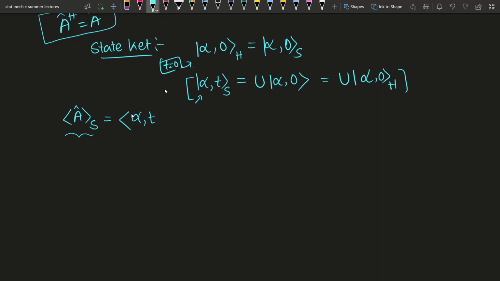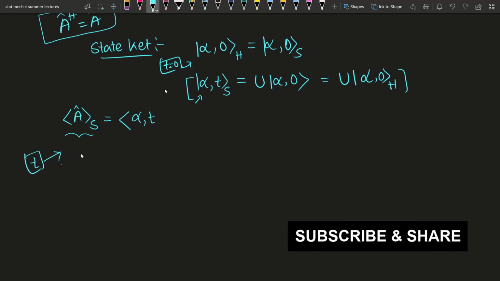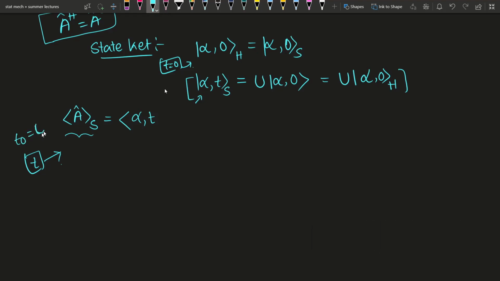Now we'll discuss whether any operator's expectation value is the same in both representations, the Schrodinger and Heisenberg pictures. I am denoting the expectation value of the A operator in the Schrodinger picture after some time, at time t not equal to 0. In the Schrodinger picture it can be written like this, alpha at t.